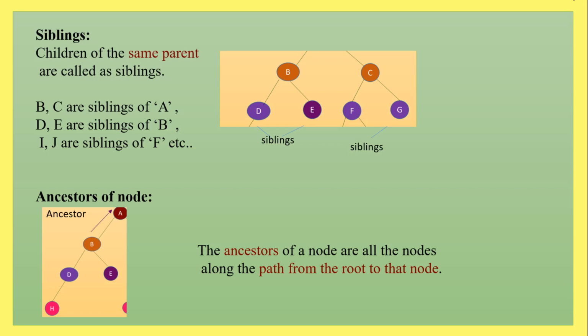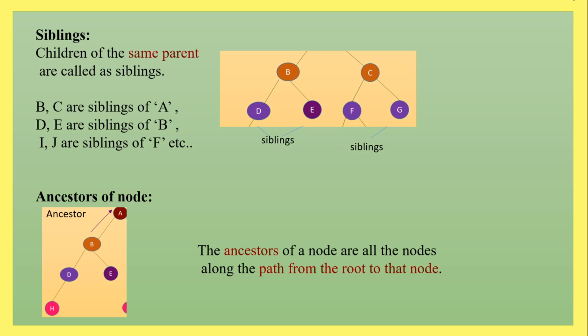B, D, E. D and E are the siblings of B. Similarly, F, G are the siblings of C. Consider the previous diagram. There B and C are the siblings of A, and I and J are siblings of F. The children at the same level or of the same parent are called siblings.